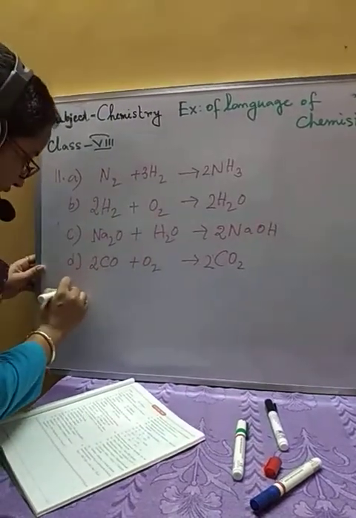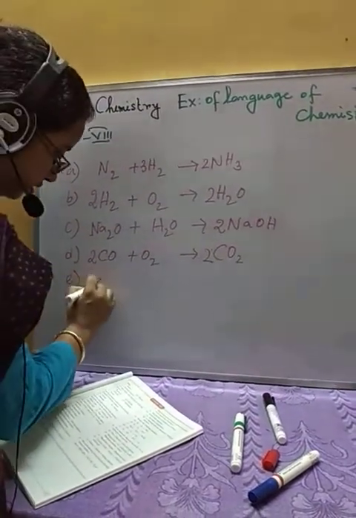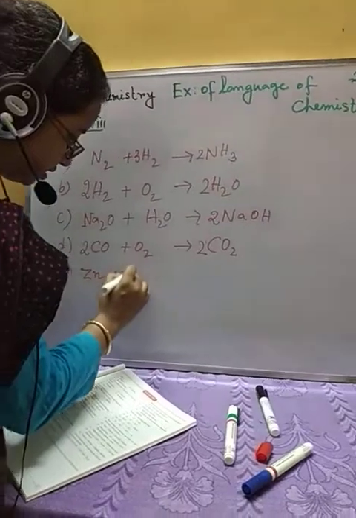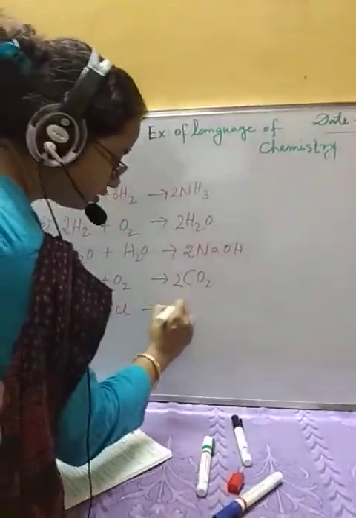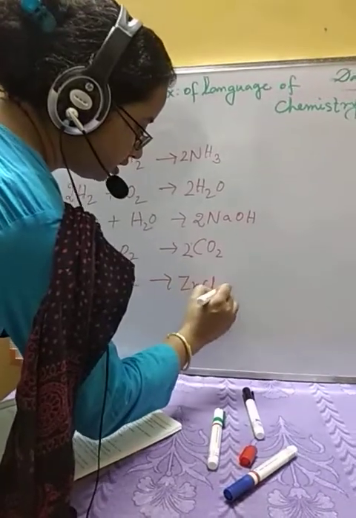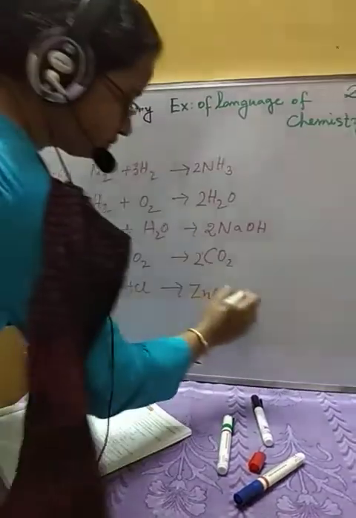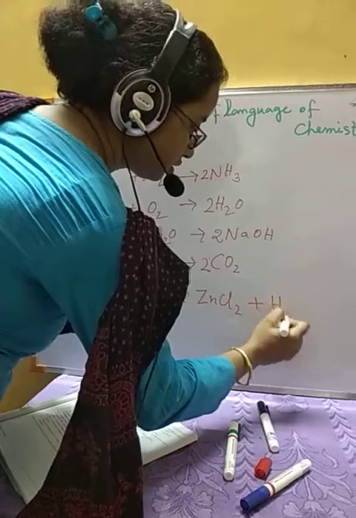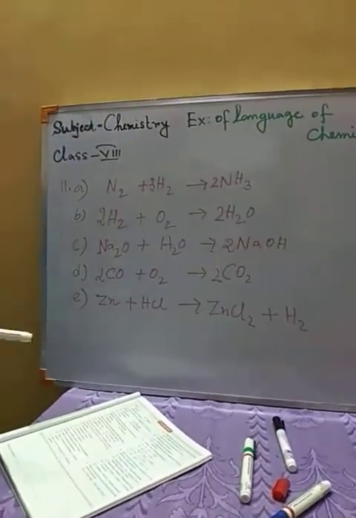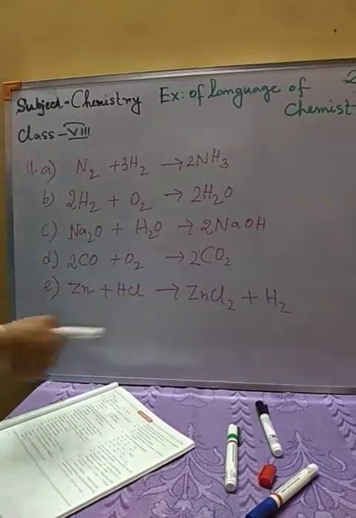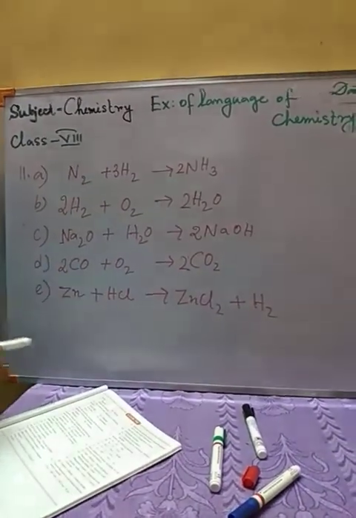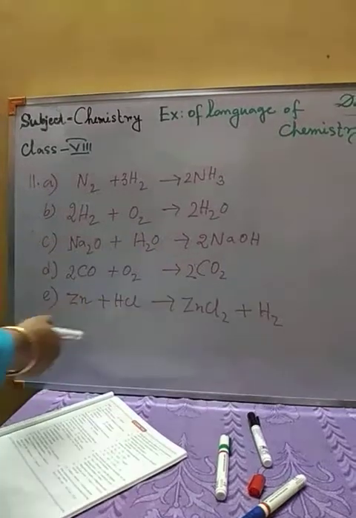Next, number E, zinc, Zn, plus HCl. Okay, zinc plus HCl gives ZnCl2 plus hydrogen. Now see, ZnCl2, that means 2 chlorine is there. So from where are we getting the chlorine?